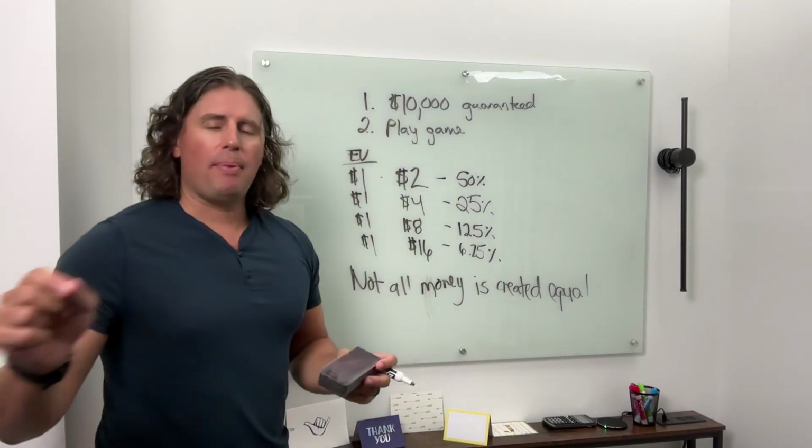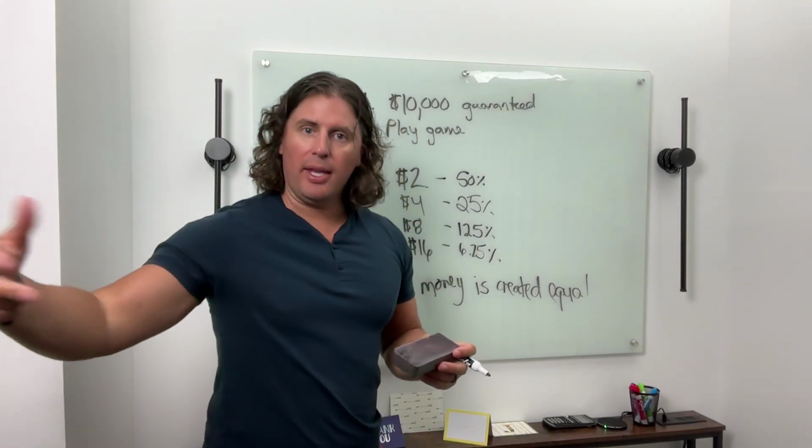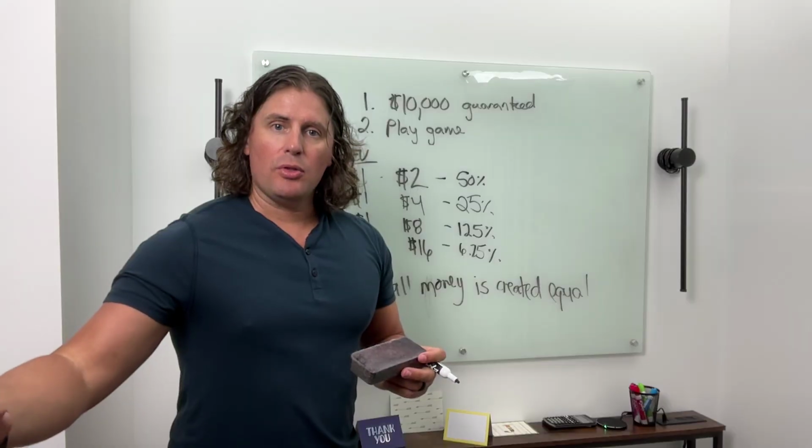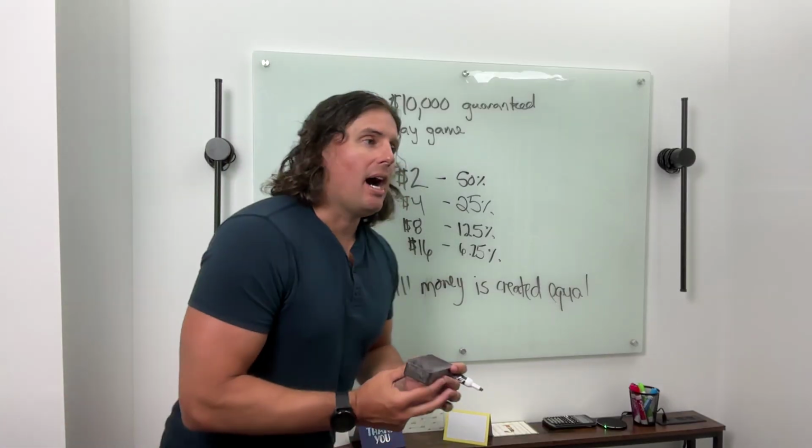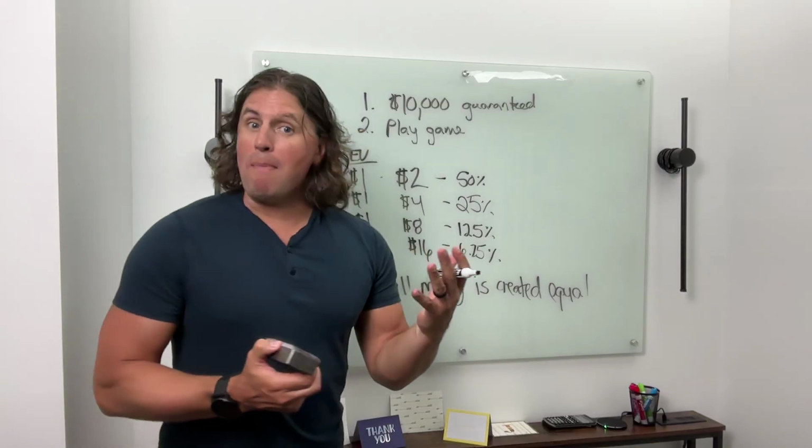And I want you to compare that to, what if we did the same thing and we gave $10,000 to Elon Musk or to Warren Buffett? Now, I'm not saying that they would be mad about it.